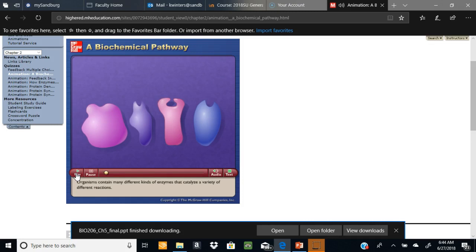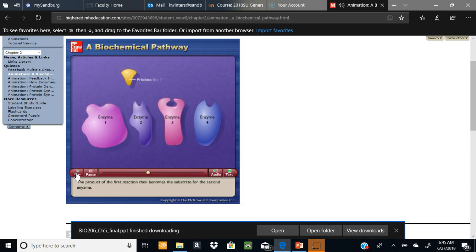Organisms contain many different kinds of enzymes that catalyze a variety of different reactions. Many of these reactions, such as those involved in the biosynthesis of an amino acid, are carried out in a specific sequence called a biochemical pathway.